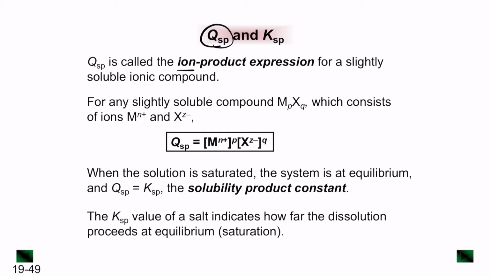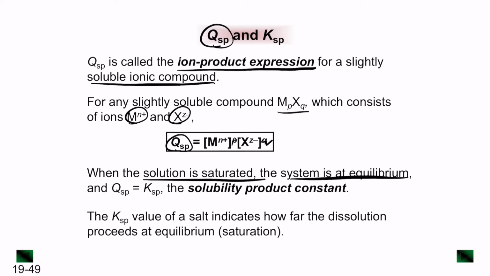Qsp is the ion product expression for a slightly soluble compound. So for any compound MpXq, which consists of Mn plus and Xz minus, the Qsp can be written as Mn plus to the power p and Xz minus to the power q. When the solution is saturated, the system is at equilibrium and this Qsp value equals the Ksp value.